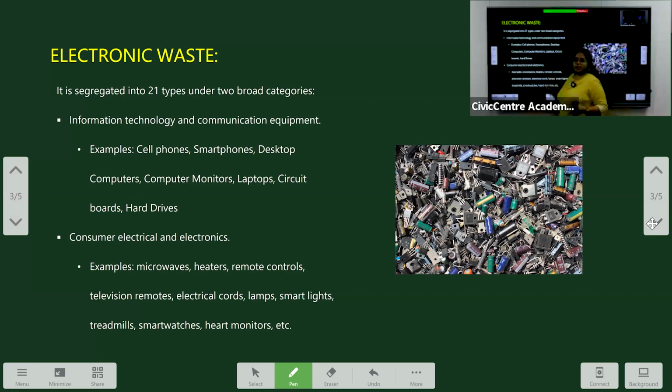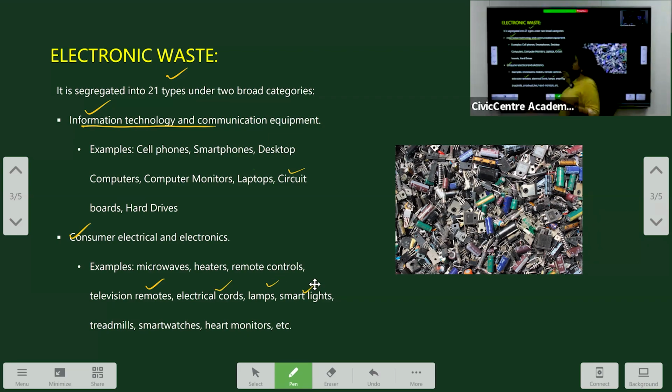Now, electronic waste is segregated into 21 types under two broad categories, that is information technology and communications, and consumer electricals and electronics. We can easily tell by the name that information technology and communications products will be our monitors, laptops, computers, circuit boards, hard drives, pen drives, etc. The next one, consumer electricals and electronics, are our heaters, geysers, television remotes, electrical cords, lamps, smart lights.